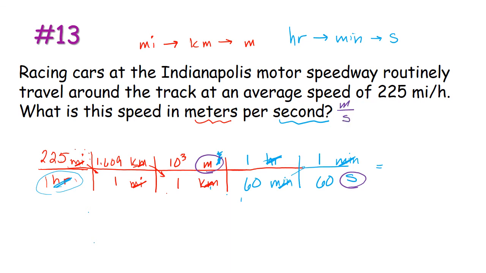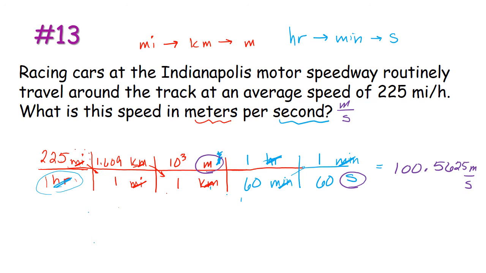Now, get out the handy dandy calculator and see what you come up with. Did you remember to put the denominator all in parentheses? Because if you didn't, you're going to make a mistake. In this case, I have 100.5625 meters per second.